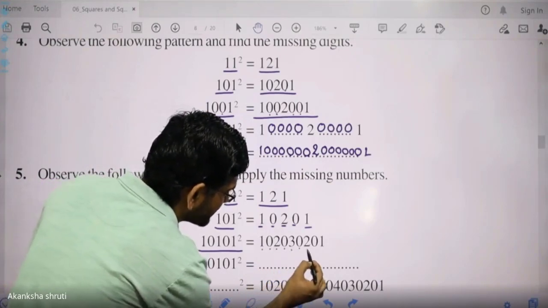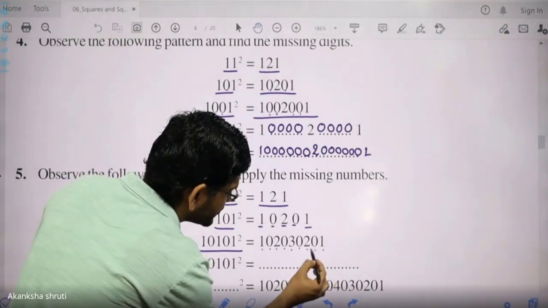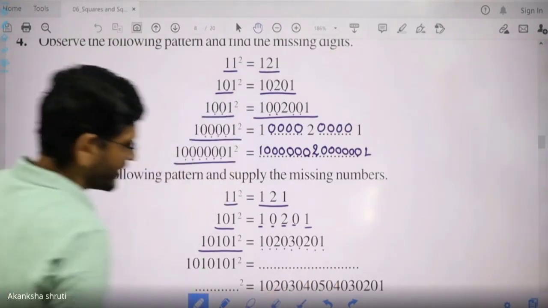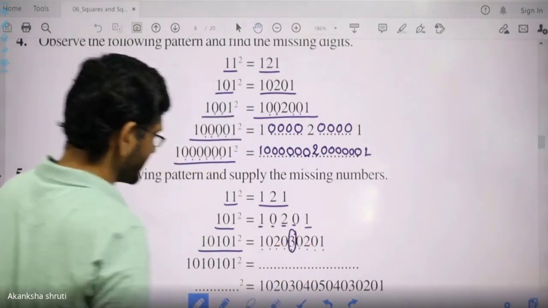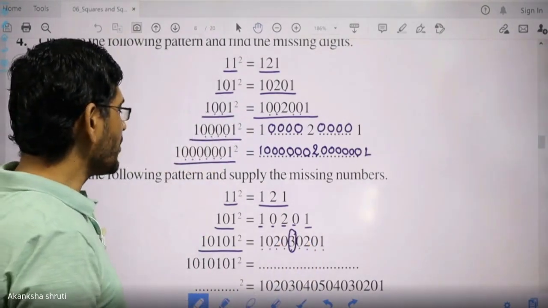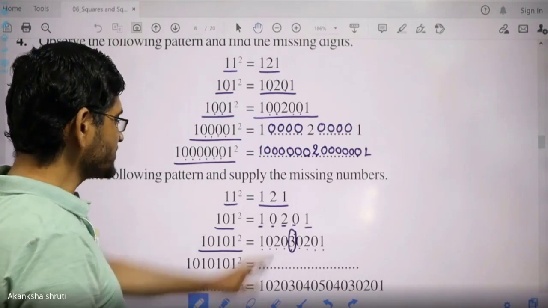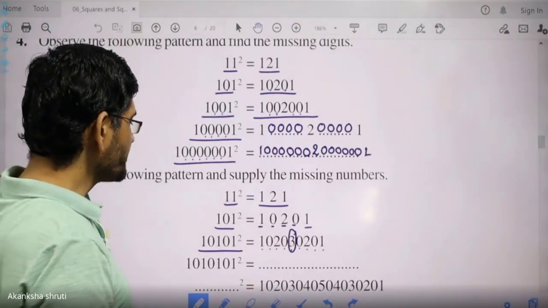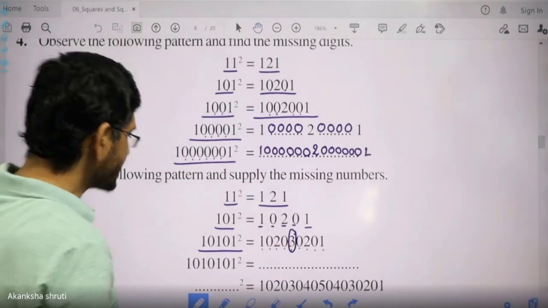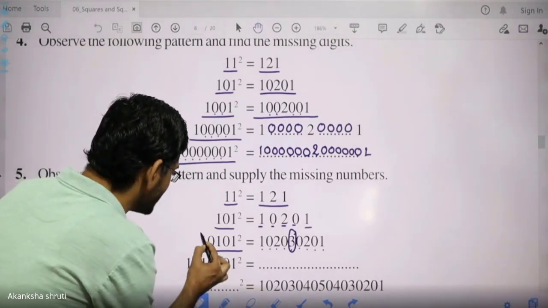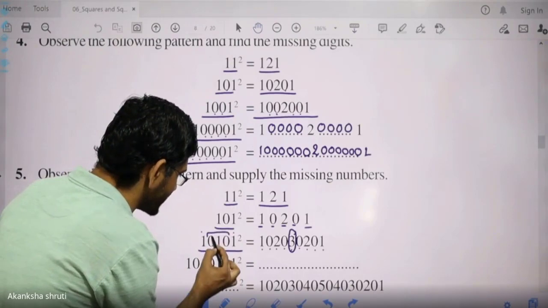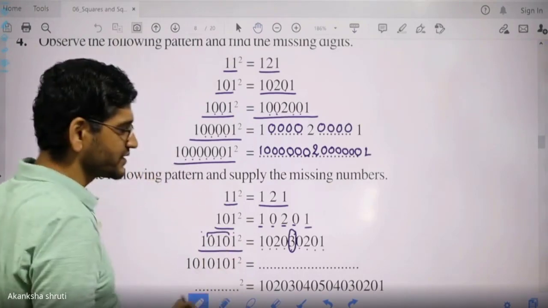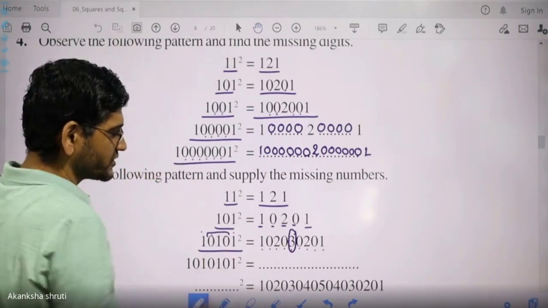Then again going back, 0, 2, 0, 1. Students, it is our 3 that has occurred here. How can this 3 be observed, or how long shall we go? Students, this can be understood: between these two end numbers, how many digits are there? 1, 2, 3 digits. So it will go up to 3.